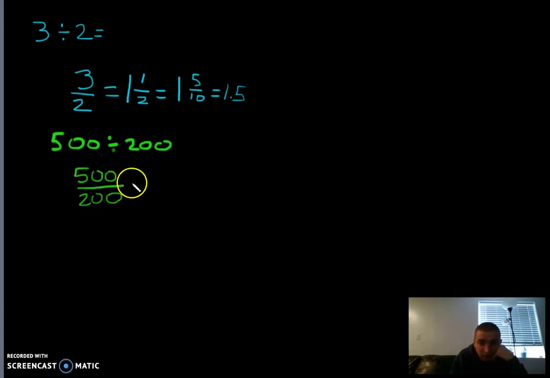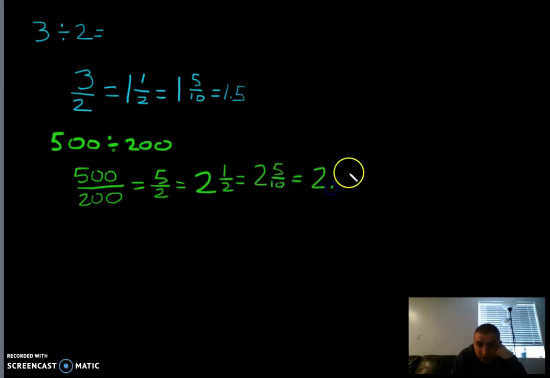Well, that fraction can be simplified down to 5/2, which then I ask how many times does 2 go into 5? Well, 2 goes into 5 twice, with 1 left over, 2.5, which I can rewrite as 2 5/10, or 2.5. So that's just another way to think of it. We can always change it to fractions.